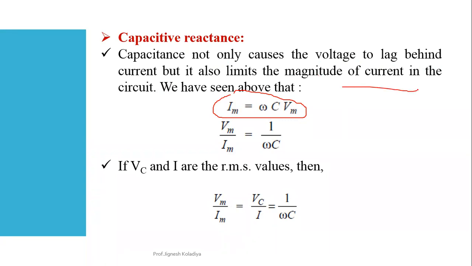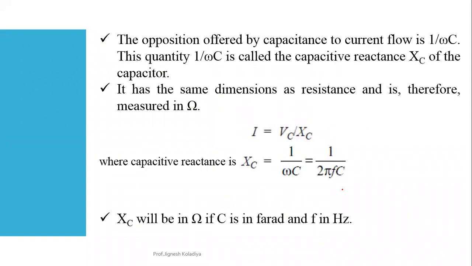Im is omega C into Vm, so Vm upon Im is 1 upon omega C, which is known as capacitive reactance, Xc.